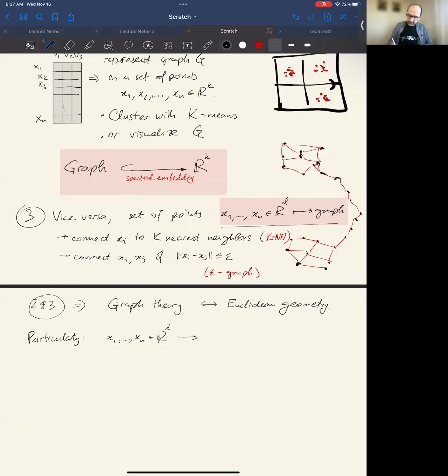And then we construct the neighborhood graph from them, just like I showed you. Then you embed this graph back into RD, or maybe a smaller dimension, RK. So this will be done by the neighborhood graph. And this will be done by the spectral embedding.